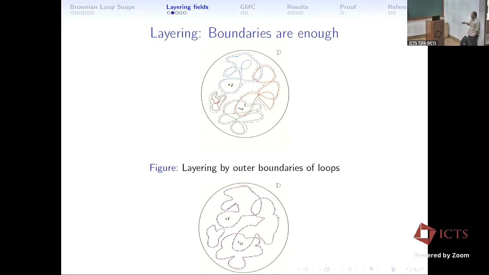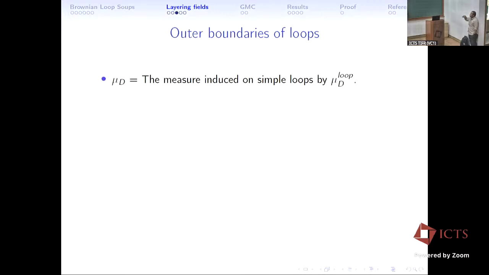So the point now is that I can forget about the fine structure inside the loop and just focus on the outer boundaries. There is a very nice fact that the outer boundaries of Brownian loops are simple loops. So outer boundaries do not cross each other. Here are some facts about the collection of simple loops. Say mu D is the measure induced by the loop measure on simple loops, just by drawing outer boundaries.